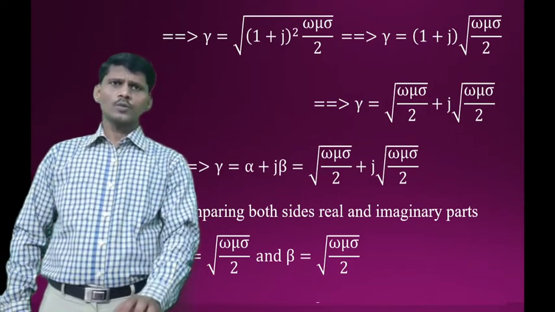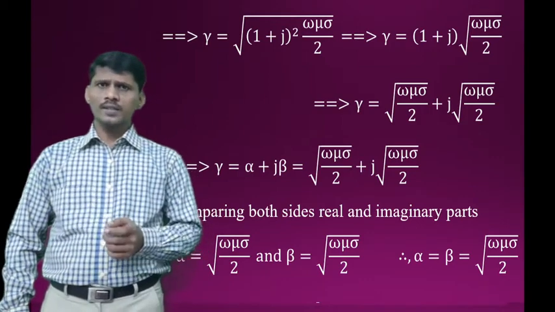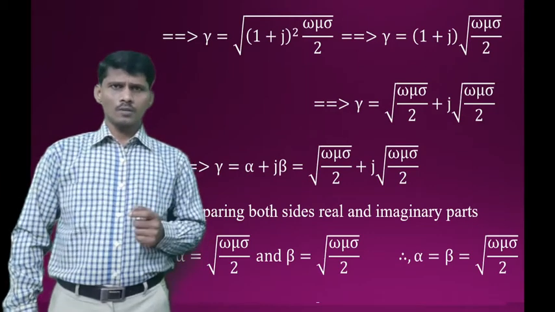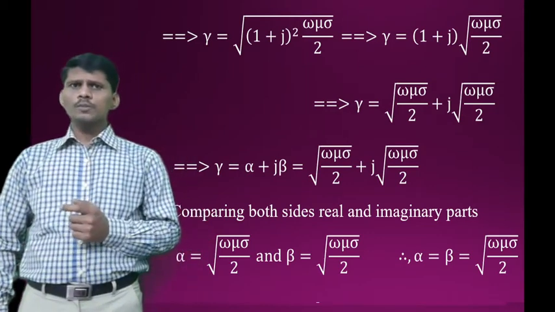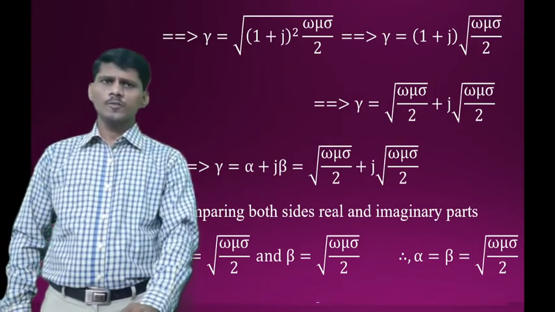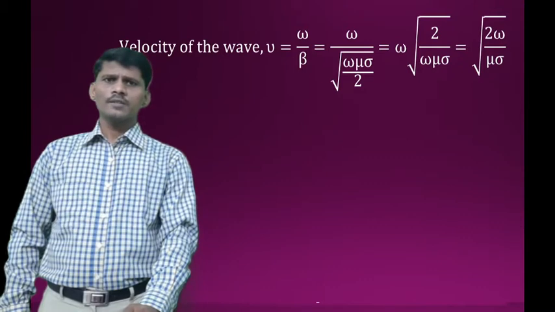So for electromagnetic wave propagation in a good conductor, the attenuation constant and the phase shift constant are both the same. That is, alpha is equal to beta, which is equal to square root of omega mu sigma by 2. So this is the concept of electromagnetic wave propagation for a good conductor.